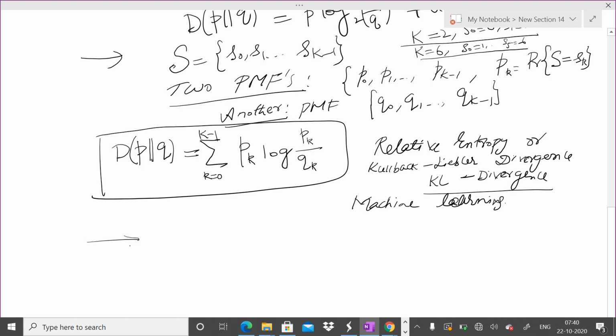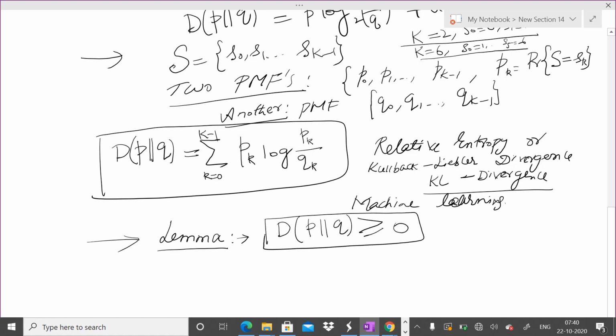Now here is one small lemma. The lemma is that the divergence between two distributions is always non-negative. It cannot be negative. It is always either equal to 0 or greater than 0.